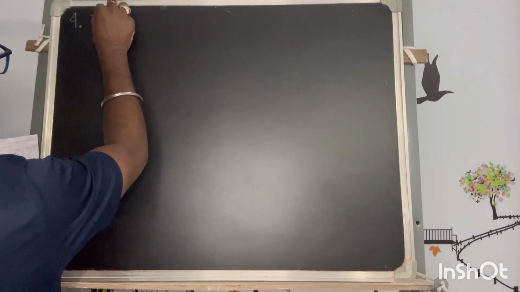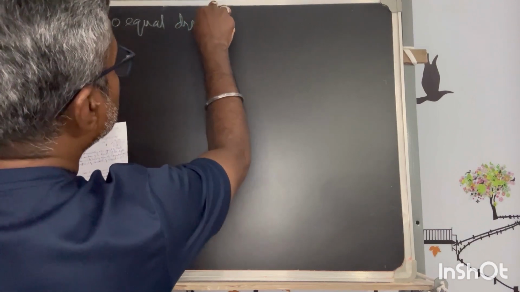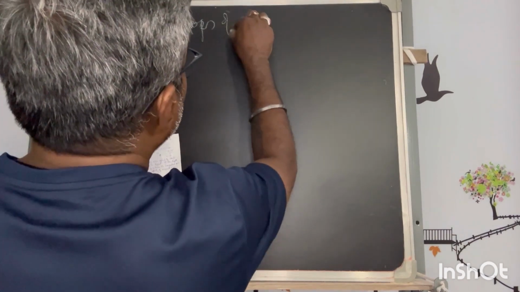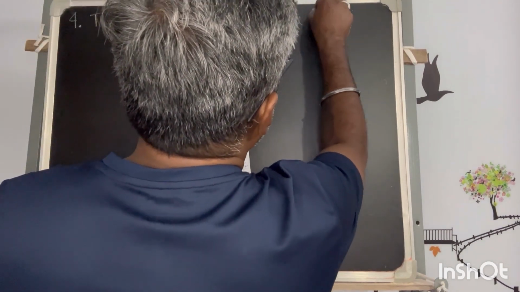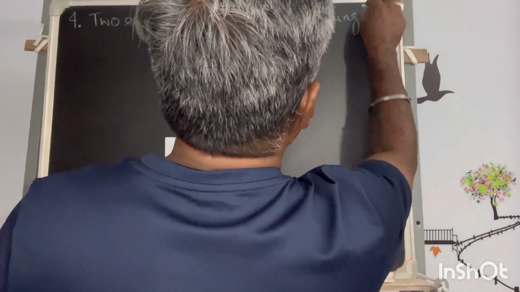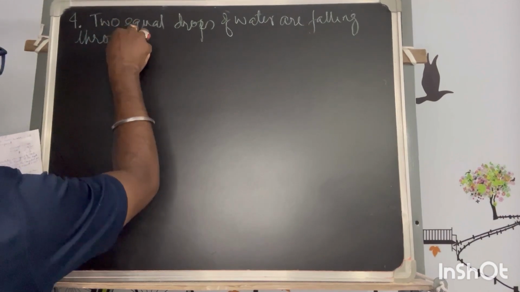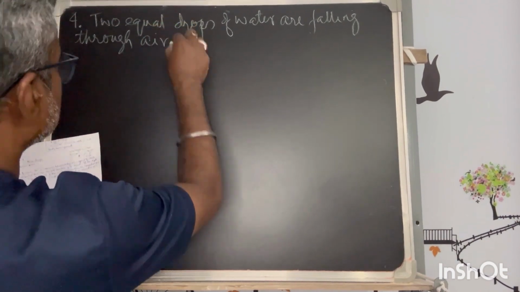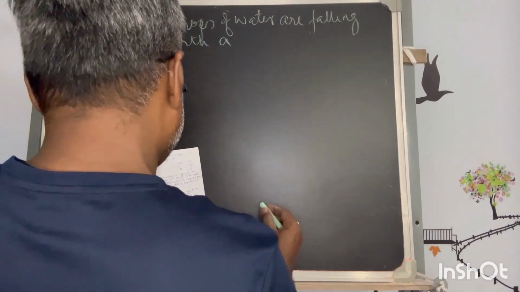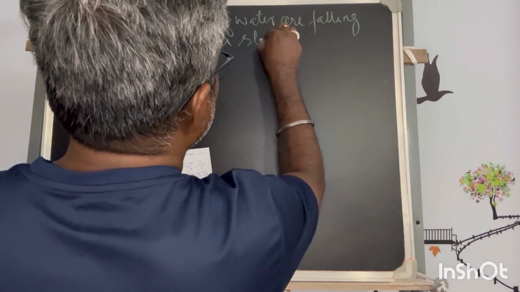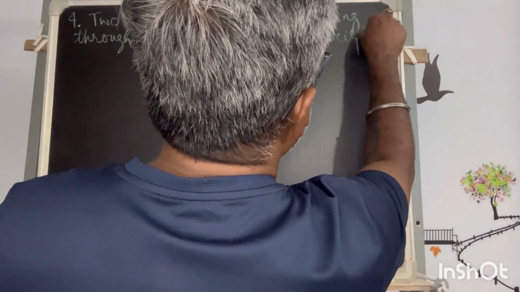Two equal drops of water are falling through air with a steady velocity v.